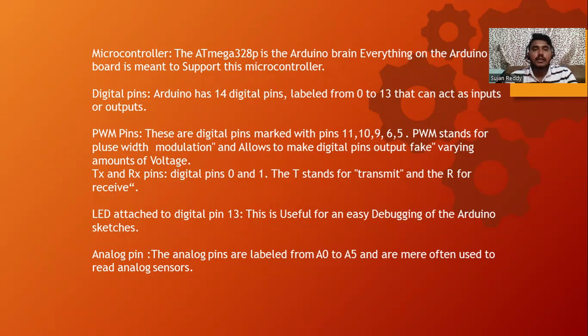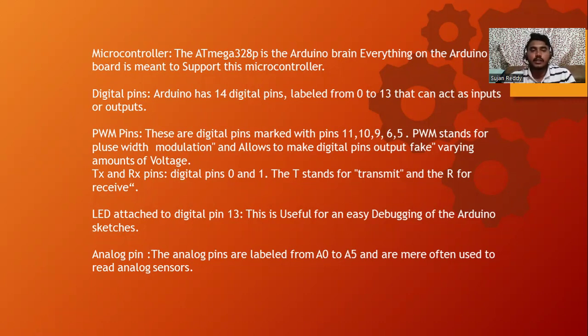It also has the TX and RX pins, which are digital pins 0 and 1. T stands for transmit and R stands for receive. There is also an LED attached to digital pin 13. This is useful for easy debugging of Arduino sketches.